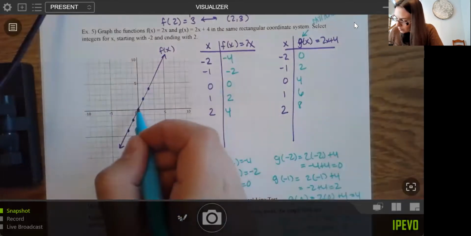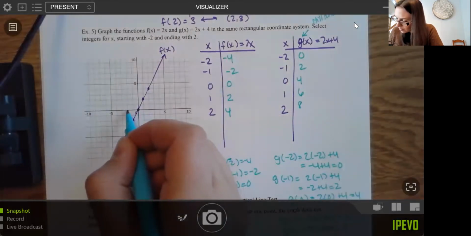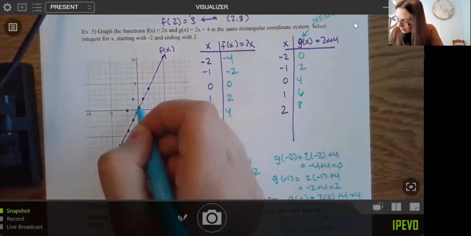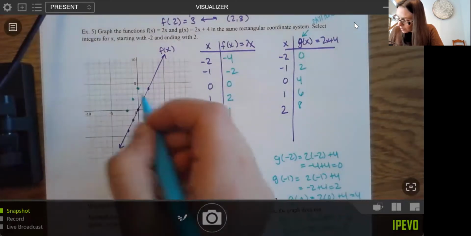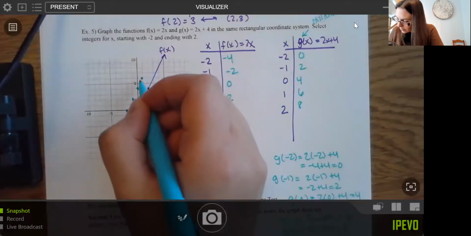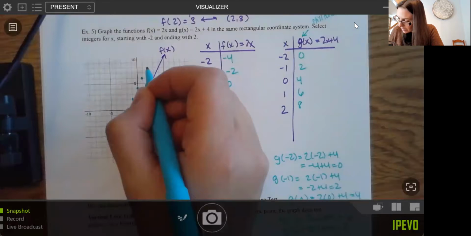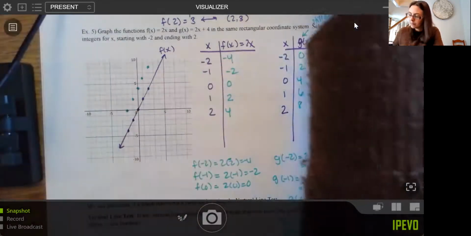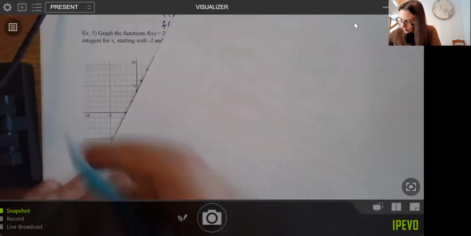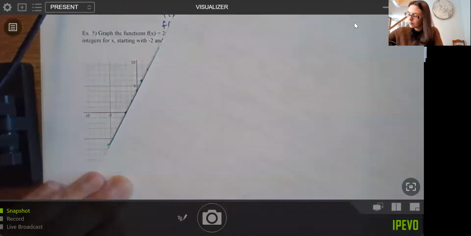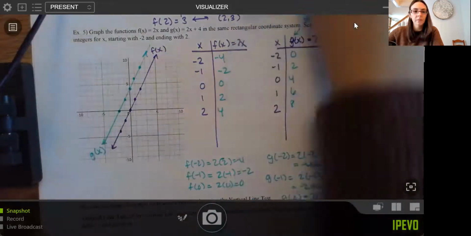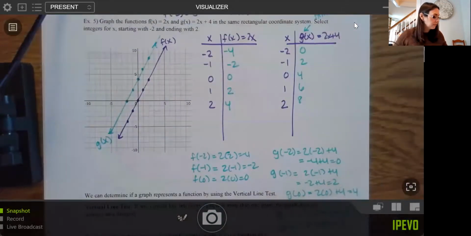So at -2, I'm at 0. -1, I'm at 2. 0, I'm at 4. 1, I'm at 6. And then 2, I am up here, 5, 6, 7, at 8. And those would be our two functions.